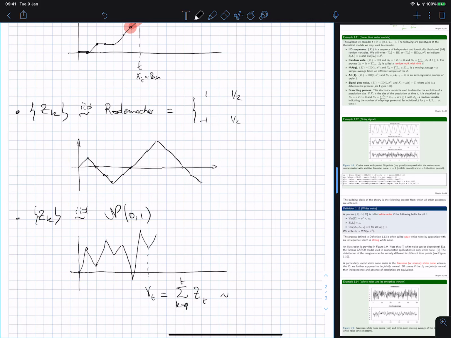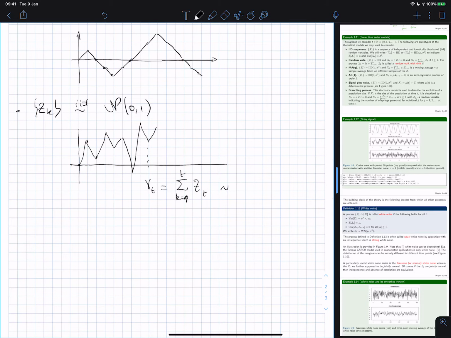So let's see if you're still following. Sorry, I'm misindexing my random variables. If the zk's are IID Gaussian with mean 0 and variance 1, xt has what distribution at time t?